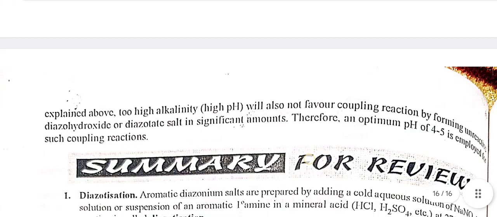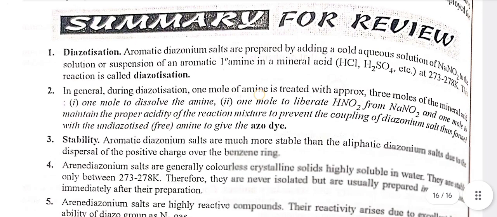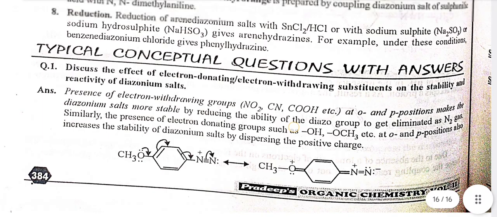Further, as explained above, too high alkalinity, high pH, will also not favor coupling reaction by forming unreactive diazohydroxide or diazotate salt in significant amount. Therefore, an optimum pH of 4 to 5 is employed for such coupling reactions.